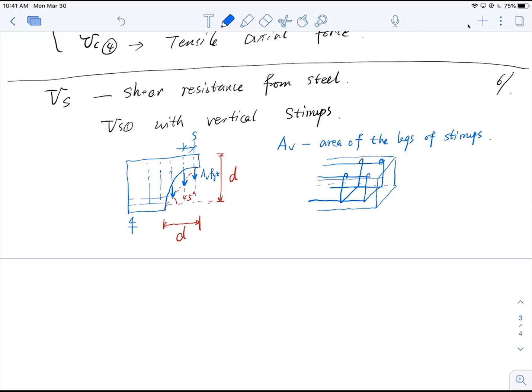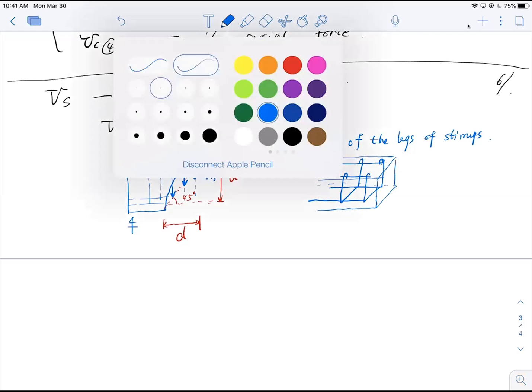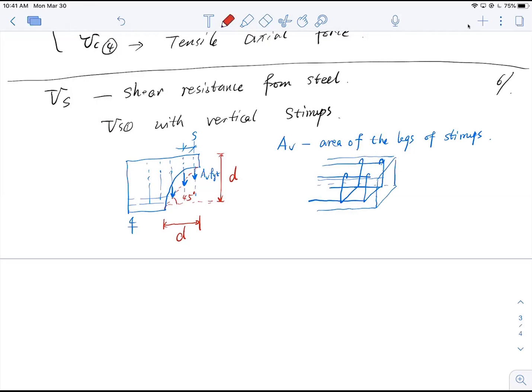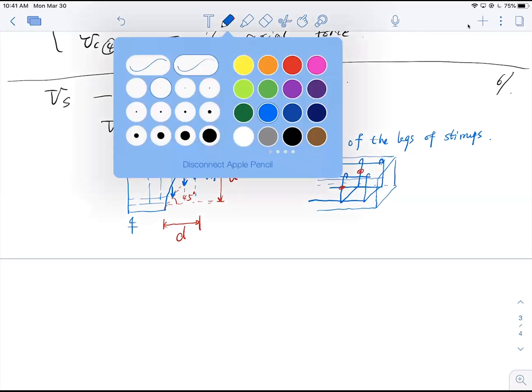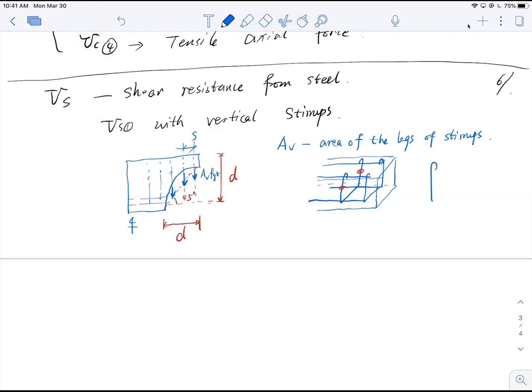When I say AV, I'm going to use a cut. I'm cutting here, and I'm also cutting here. For a stirrup like this, when I make the cut, I cut 1, 2, so two legs. Why is this so important?